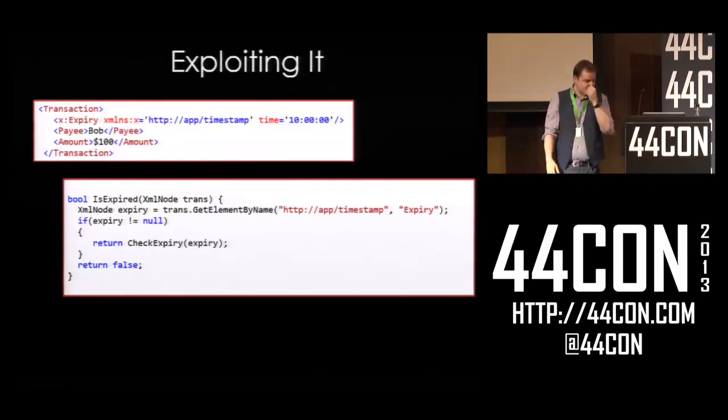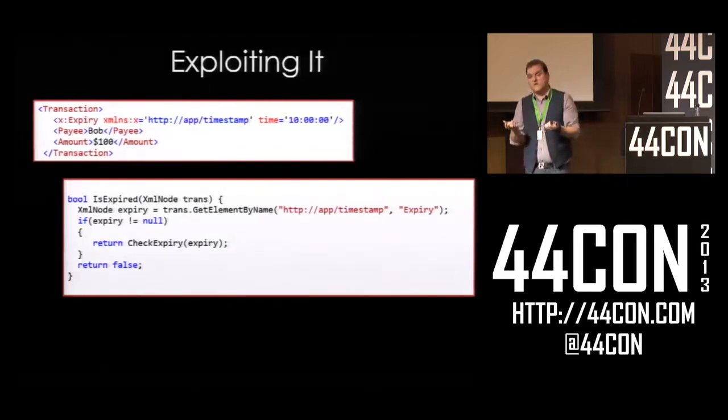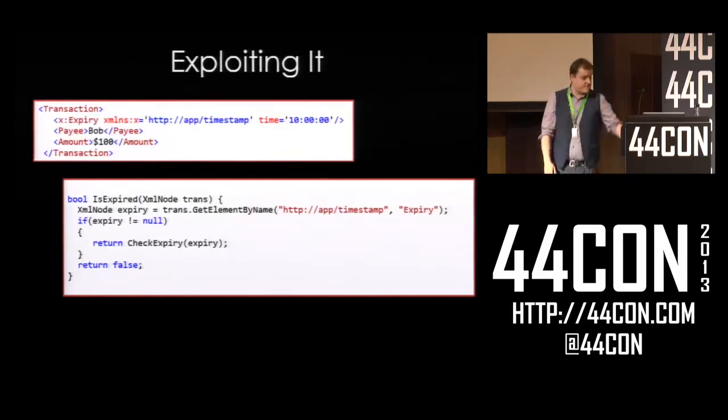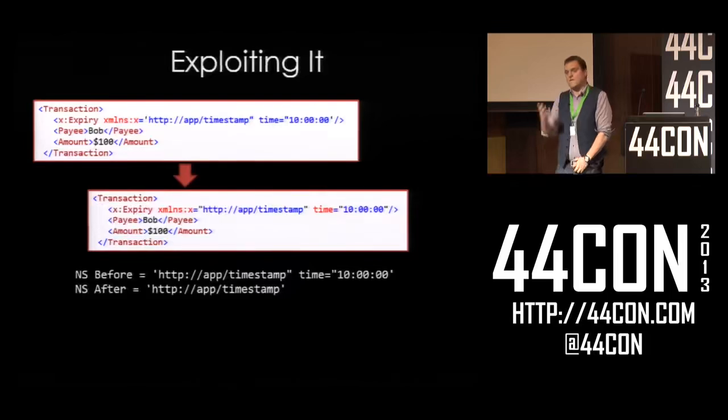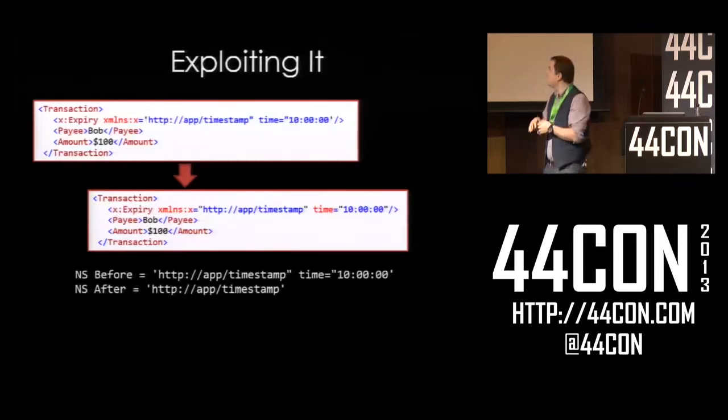So, and then we have a little bit of C# code for Mono, which just sees if it can find that expiry element and assumes if there's no expiry element in that namespace, that it's perfectly all right and it's not expired. But of course, with that vulnerability, if that content is signed, we can change the namespace to something which is completely different, arguably, because ultimately the namespace is based entirely on the string you've put in.